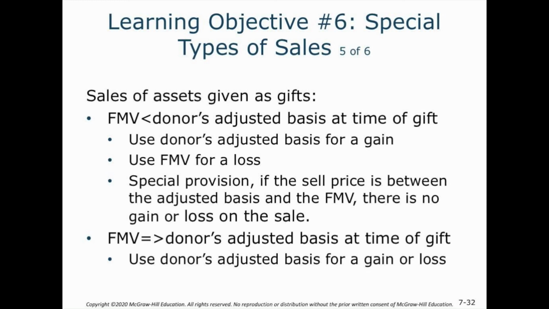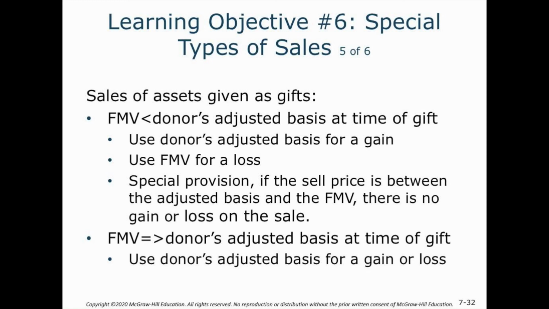And similar to the mention above as far as transfer basis, if fair market value is greater than or equal to the donor's adjusted basis at the time of the gift, we're always going to use the donor's adjusted basis for the gain or loss. So here, the way it essentially breaks down is that we're going to use transfer basis, the donor's adjusted basis, which is going to be good for fair market value equal or greater.